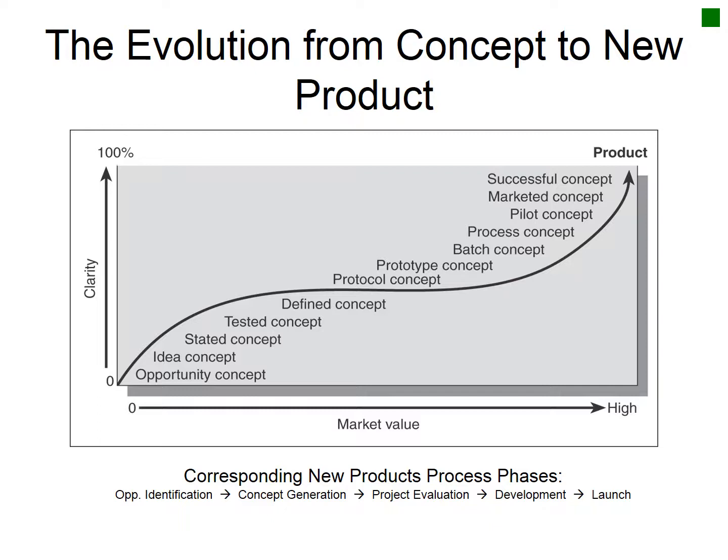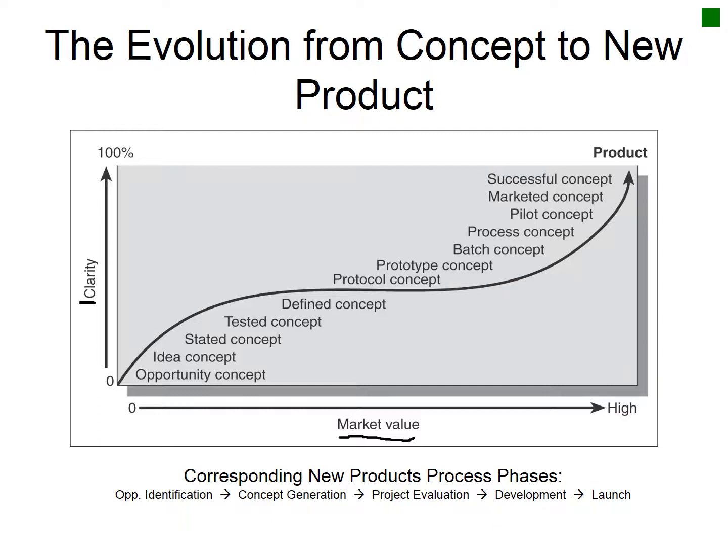So one visual that you can take a look at would be this chart that includes clarity and how well the idea is projected with market value or the likelihood that there'll be market success upon launch. And this is over a time period.